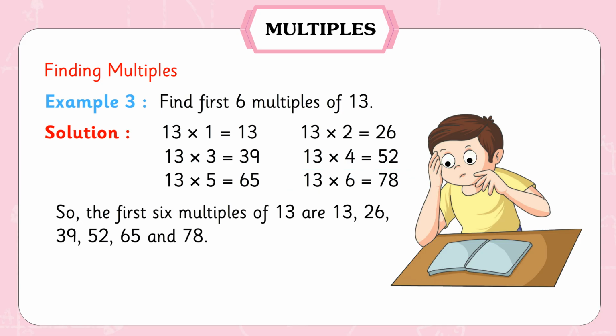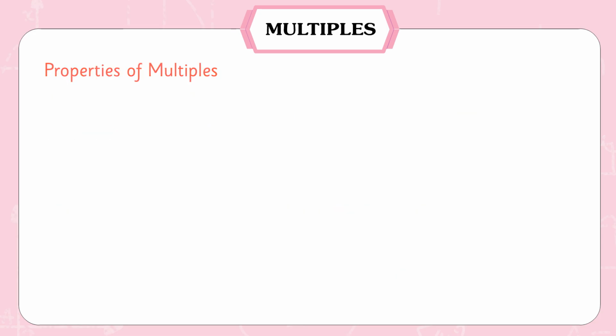So, the first 6 multiples of 13 are 13, 26, 39, 52, 65, and 78.